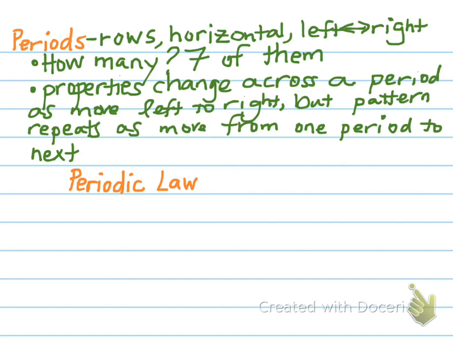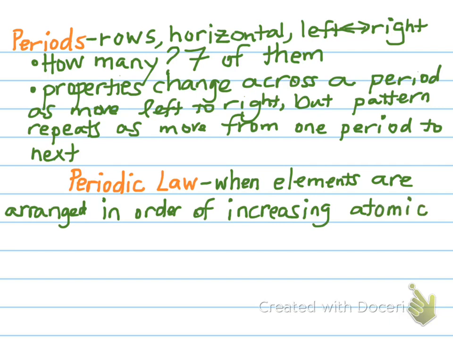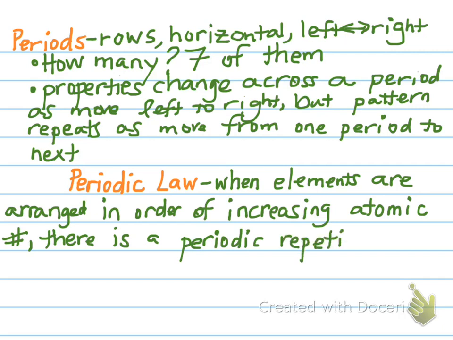And that periodic law says that when elements are arranged in order of increasing atomic number, there is a periodic, or kind of repetitive, if you will, repetition of their physical and chemical properties.